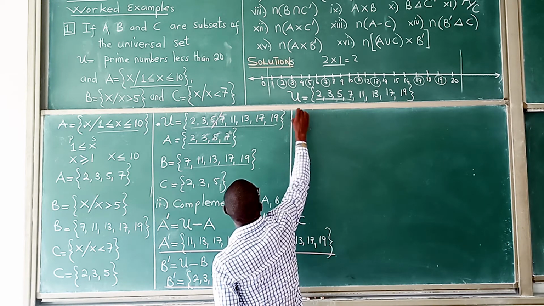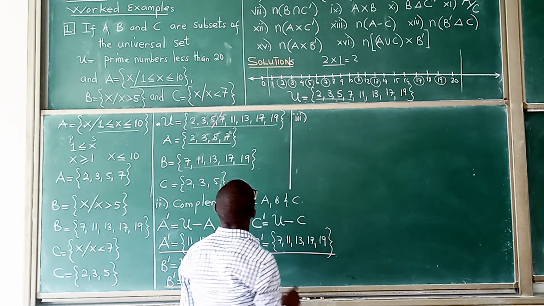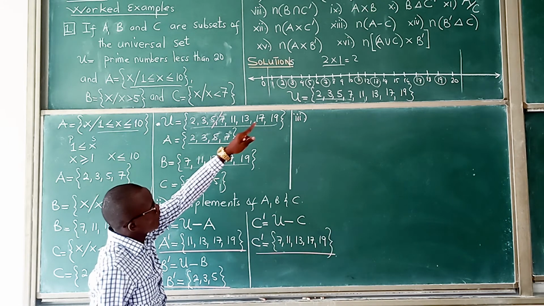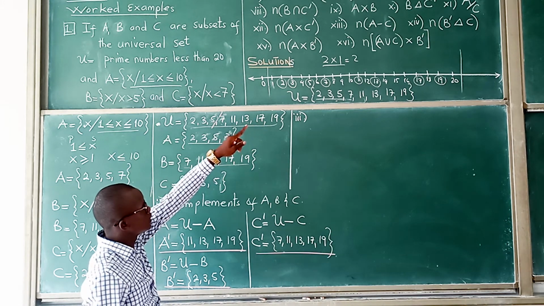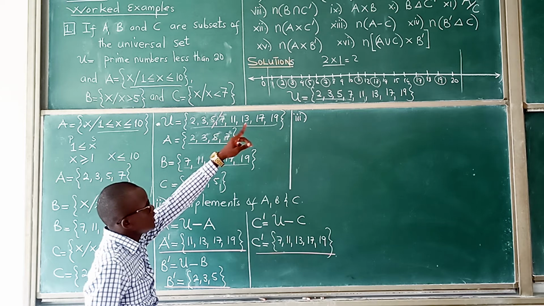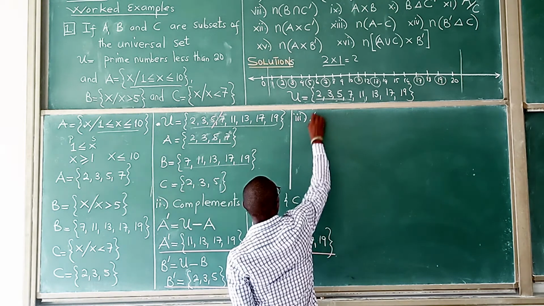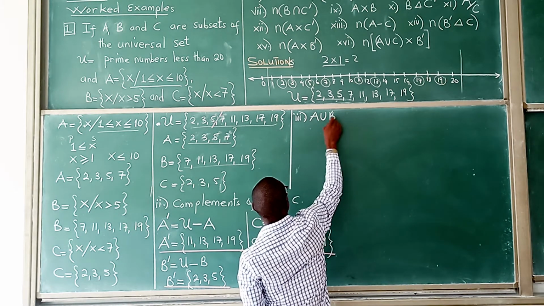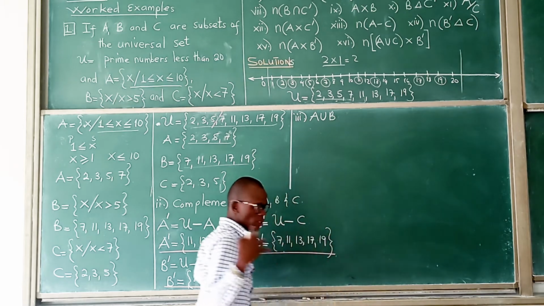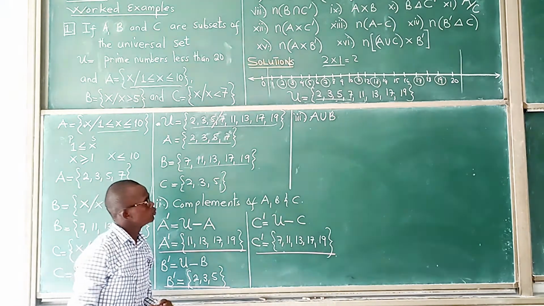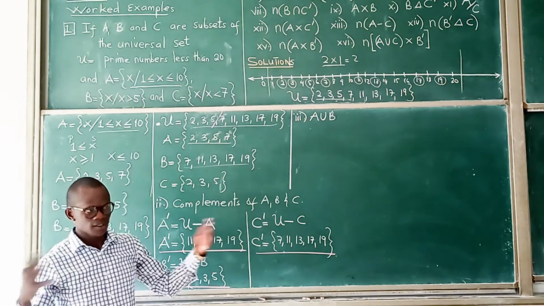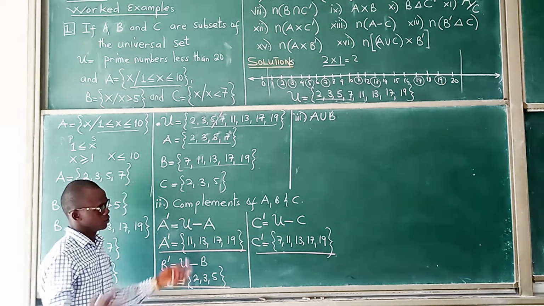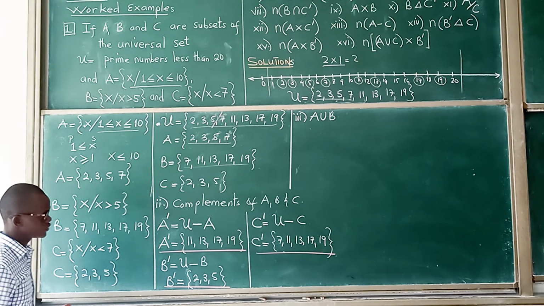Question number 3 says we must find A union B. When we talk about union, we talk about combining two or more sets.